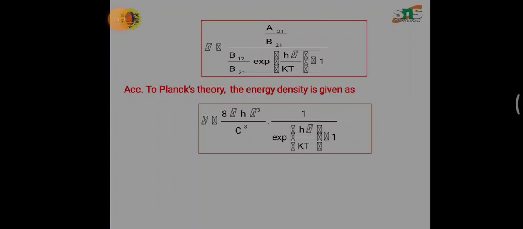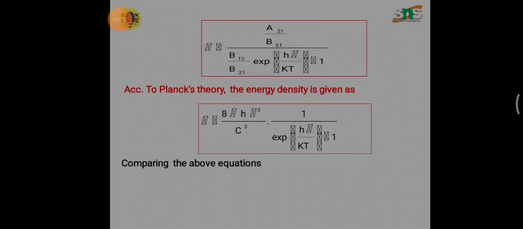Substituting, we have A21 divided by B21 equal to 1 divided by (B12 divided by B21 e power h nu divided by kBT minus 1). This equation is in very good agreement with Planck's energy distribution radiation law, rho nu equals 8 pi h nu cube divided by c cube into 1 divided by e power h nu divided by kBT minus 1.